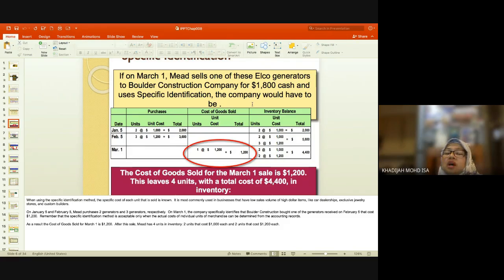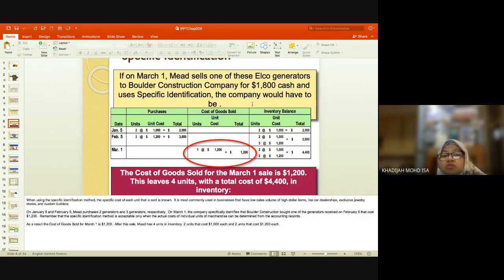Normally at the beginning of the year you also have the balance brought down, the opening balance of your inventory, which will also be parked under purchases or inventory balance. Then you have the cost of goods sold column, and this column will only record whenever there's a sale.